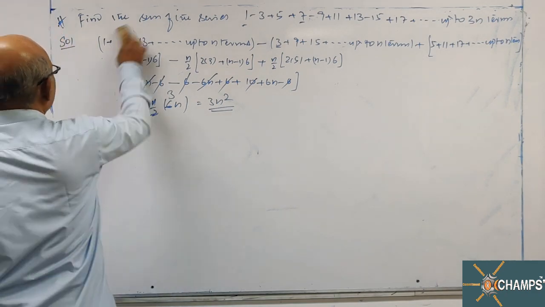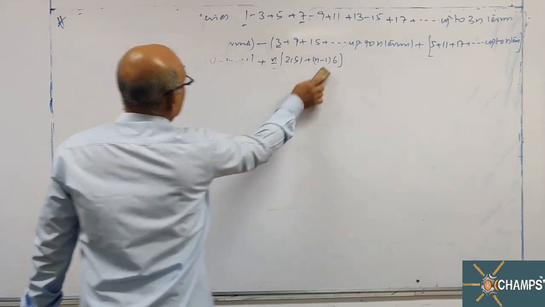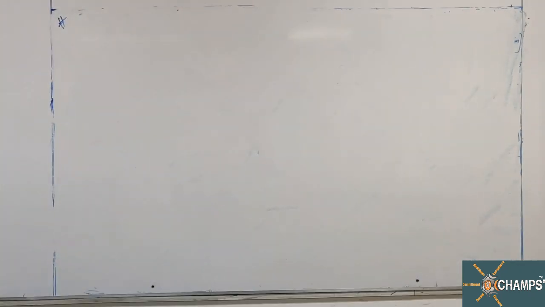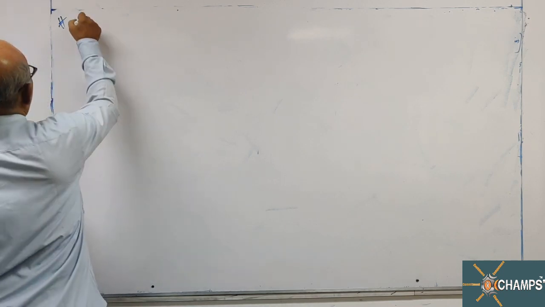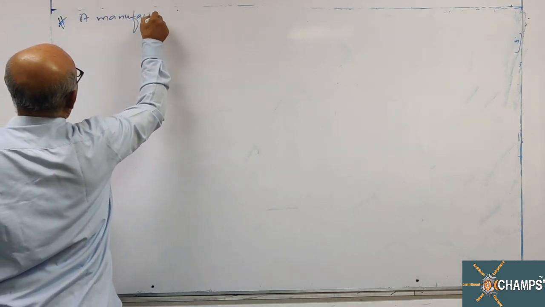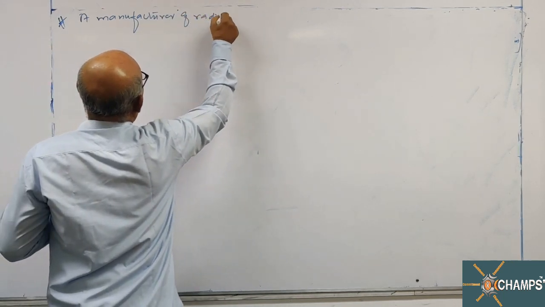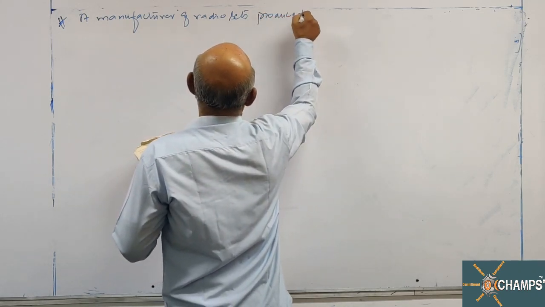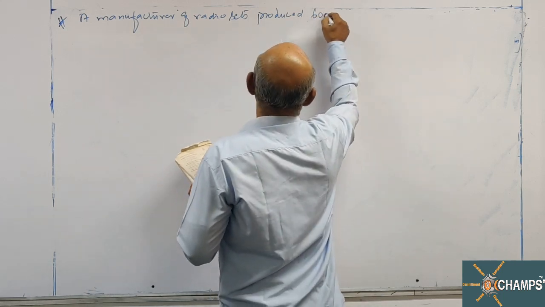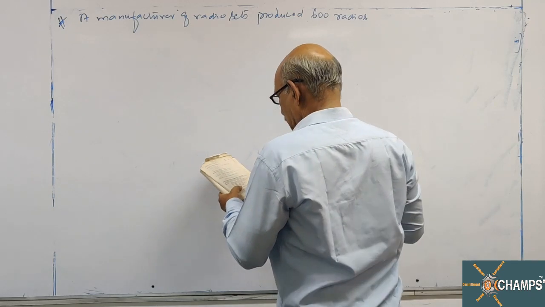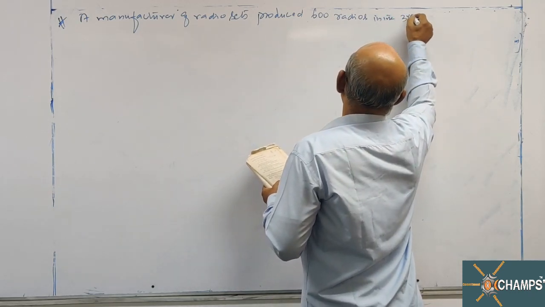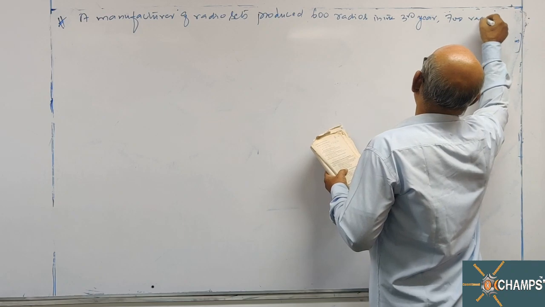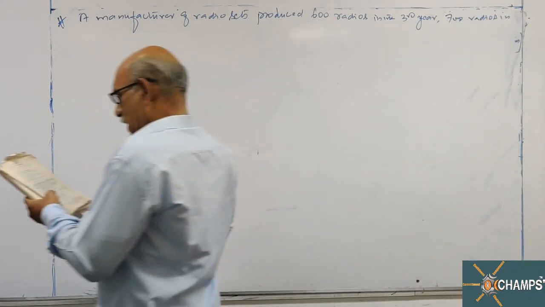Next question. A manufacturer of radio sets produced 600 radios in the third year, 700 radios in the seventh year.